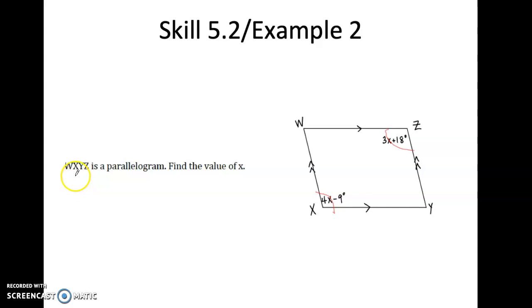And they are not same side angles, but they are opposite angles. And we could say that the opposite angles are congruent. And that means that we should set them equal to each other.